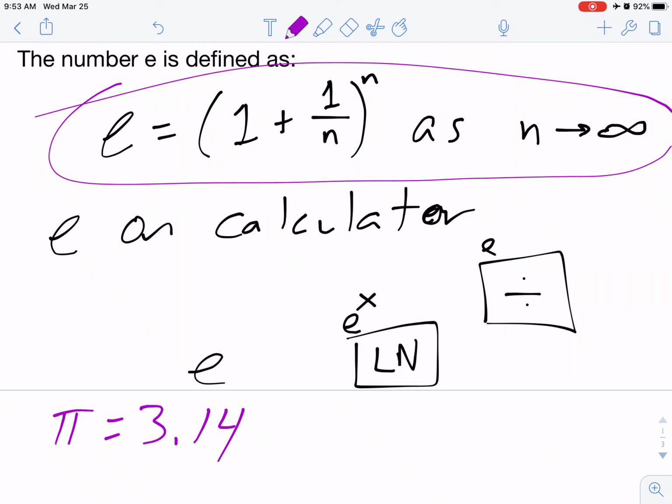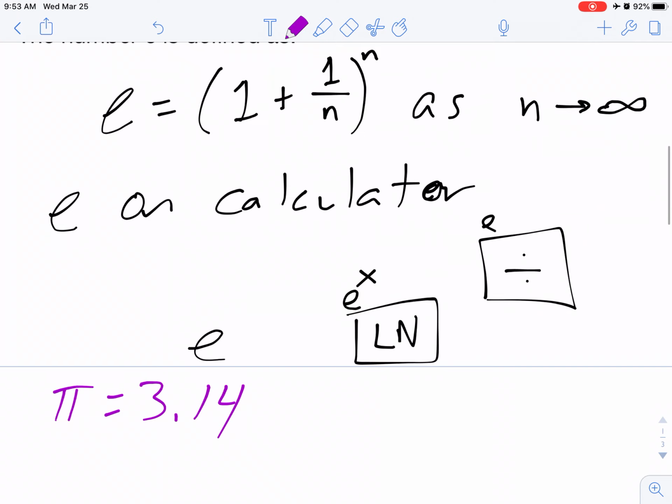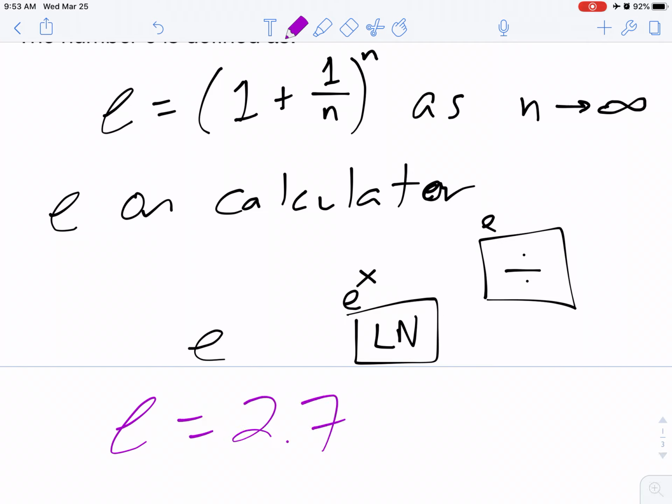So if you put a really big number in for n, you're going to get the value of e, is what this definition is saying. I'm not asking you to memorize that at all, just like no one ever probably asked you to memorize the definition for pi. At a certain point in your life, you just accepted that pi was 3.14. And so what I'm asking you today to do is to accept the fact that e is 2.718.